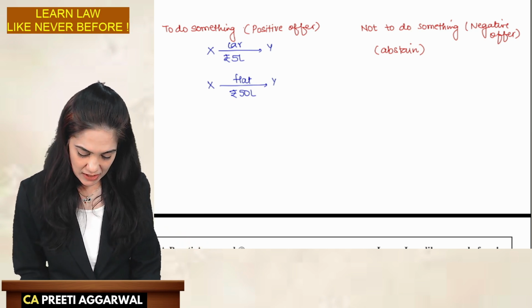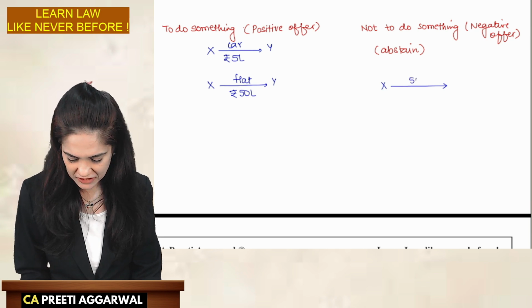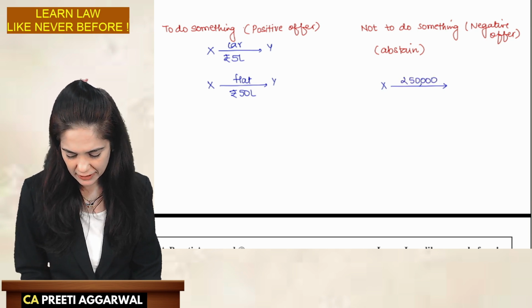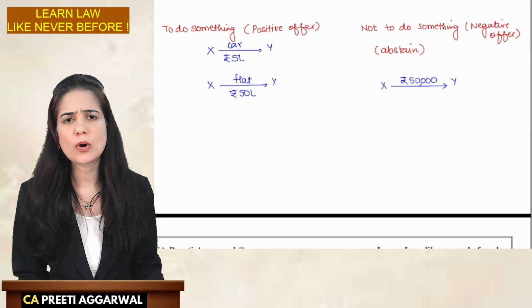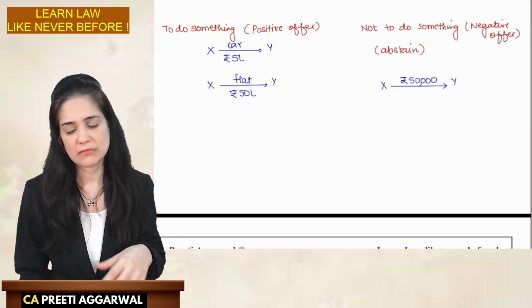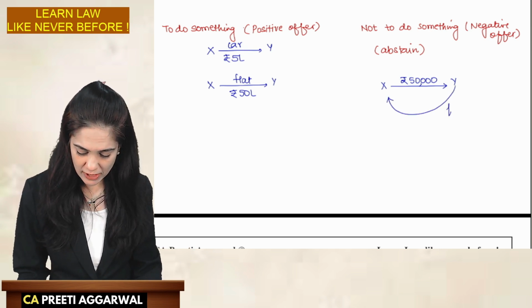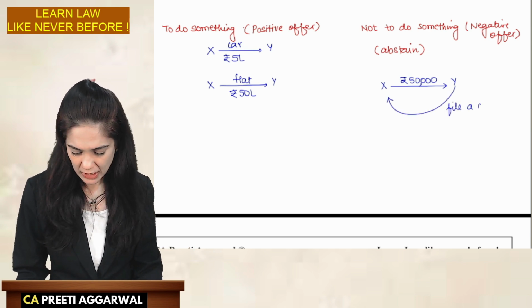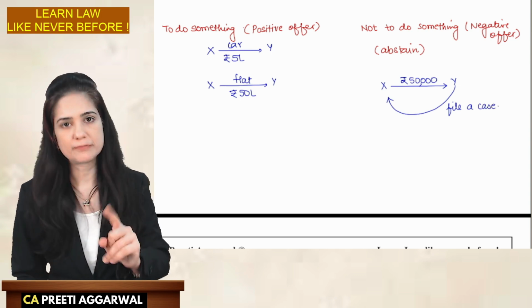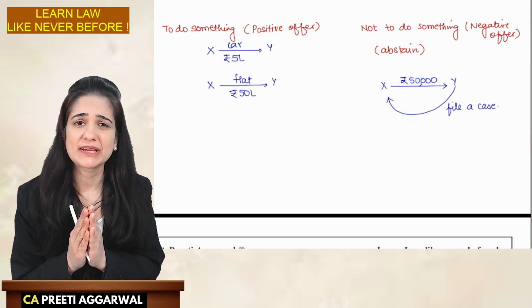Now, X had to pay 50,000 rupees to Y, but he's not paying money at all. Y reminded X so many times, but X is not paying money. Y told him, now I will file a case against you, and only then I think you will improve. X says, no, no, no, please don't file a case against me.